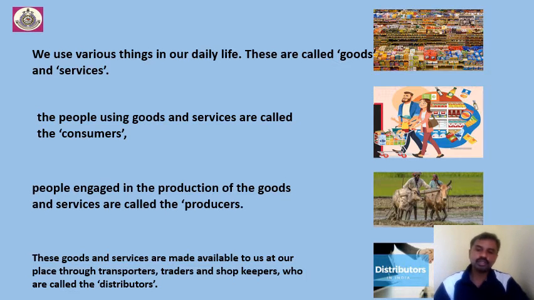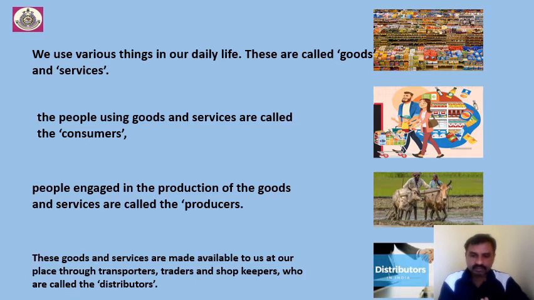Friends, you already know that the farmer produces rice in the field. After that, he takes that rice and sells it to the wholesale sellers, and the wholesale sellers sell it to the retail sellers. The retail sellers sell the same goods to us.